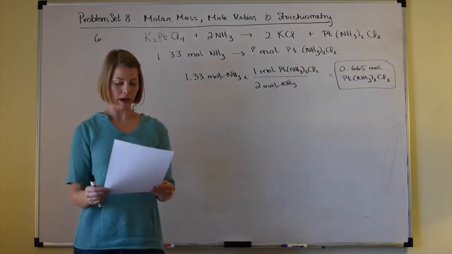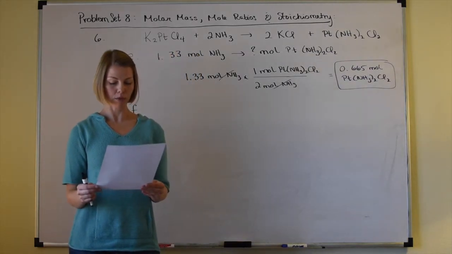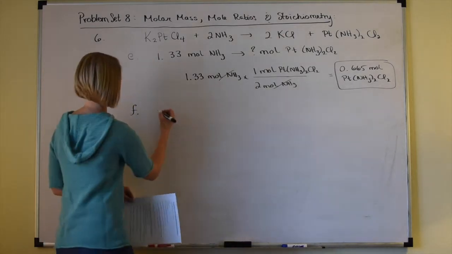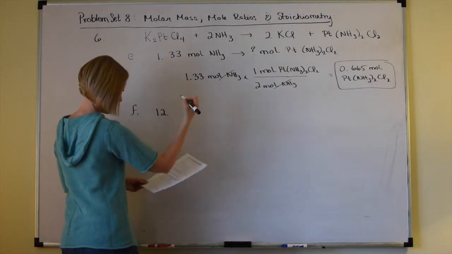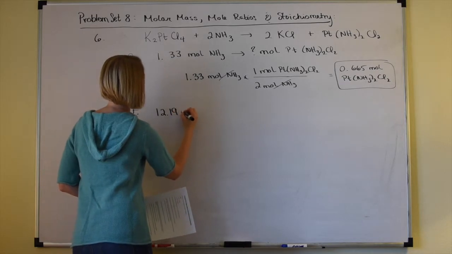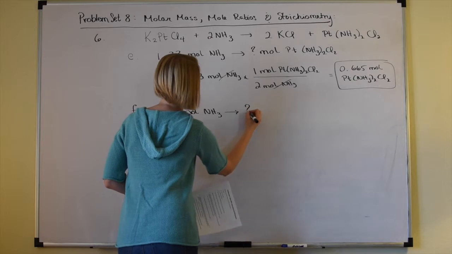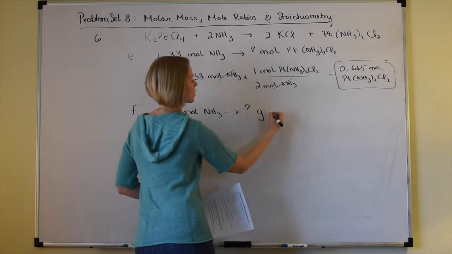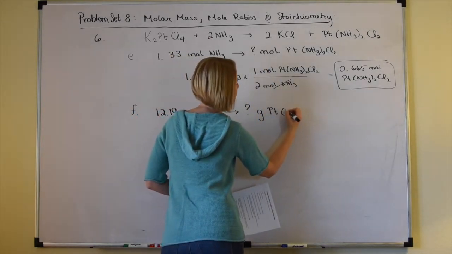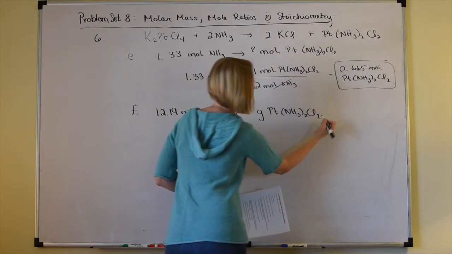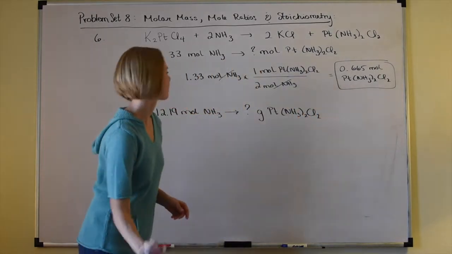How many grams of cisplatin can form from 12.19 moles of ammonia? So 12.19 moles of ammonia. How many grams, not moles, but grams of cisplatin do we get? Okay.